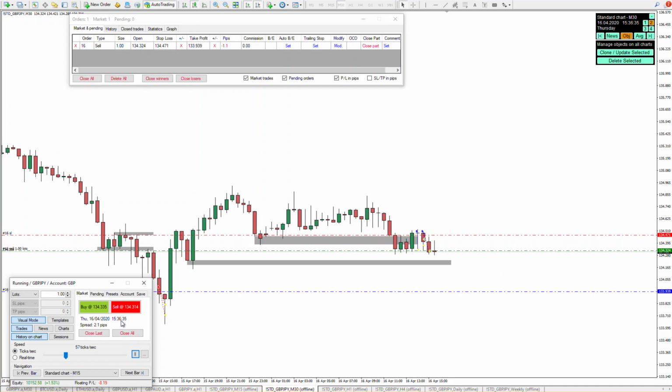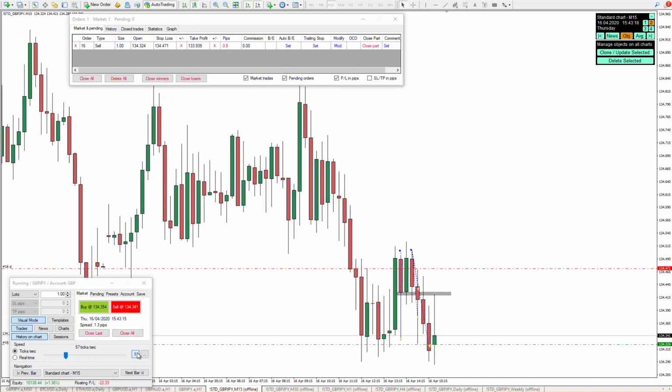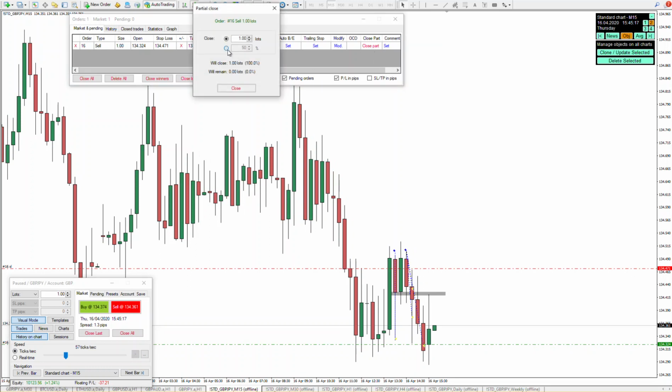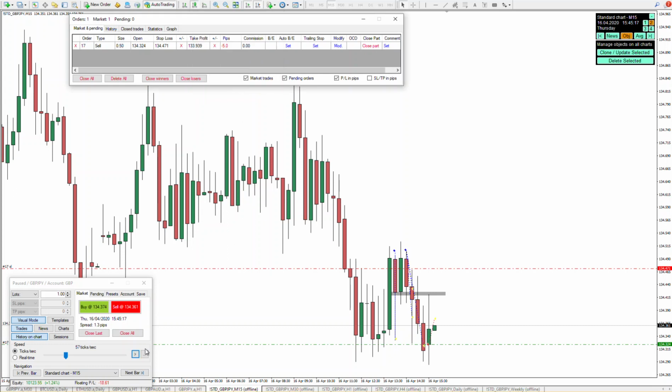First minutes of the candle was a test, making the wick up. M15 closed bullish. Let me take off risk, closing 50%.